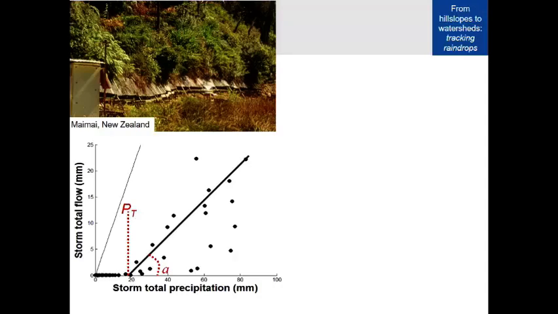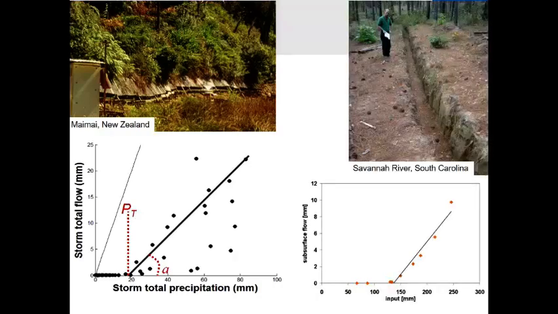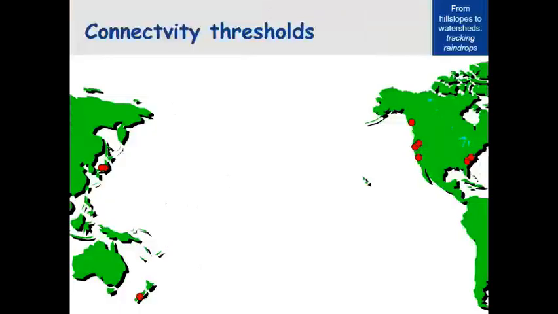Or you could go to a much more topographically challenged landscape, this one in South Carolina, in the coastal plain, and now you need almost a tropical storm to induce flow from these hill slopes. I guess I became rather obsessed about this because these red dots show the places where we've done this trenching over that two-decade period.